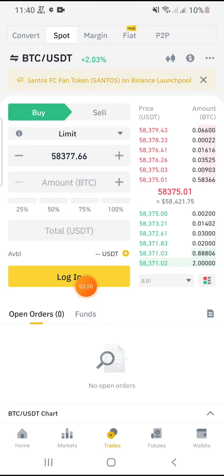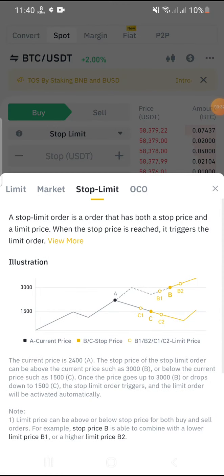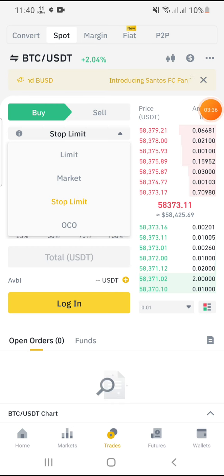Buy, sell. Okay, my account is already logged out, so no time. Limit, stop limit. Okay, stop limit. Double limit.